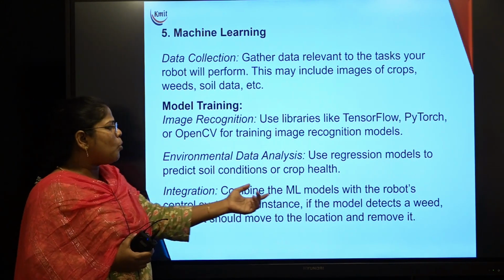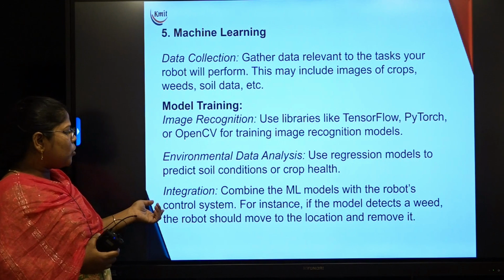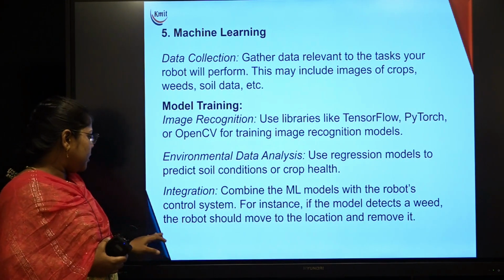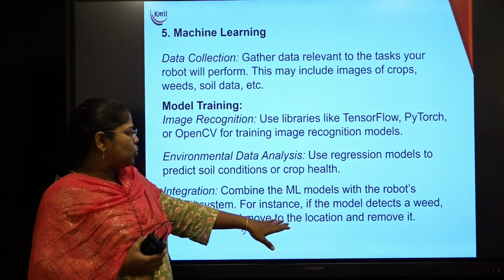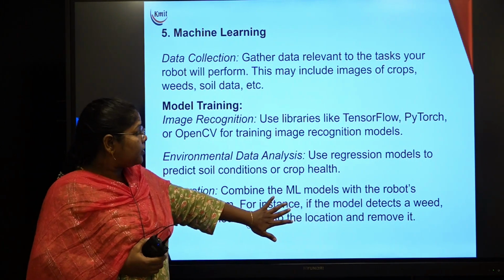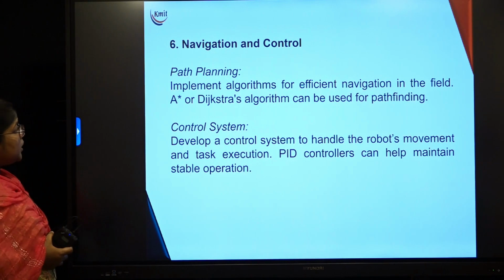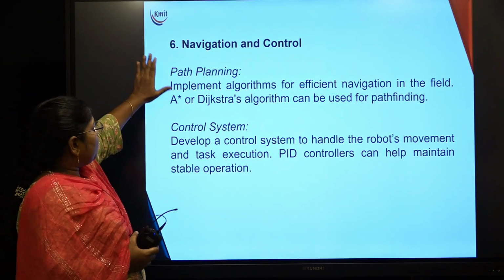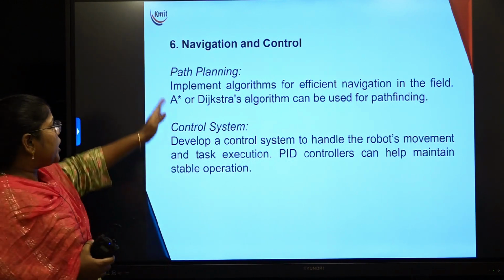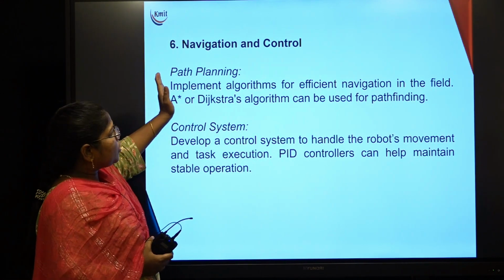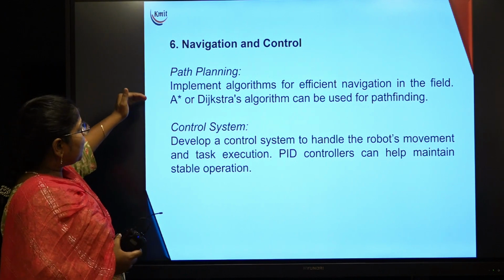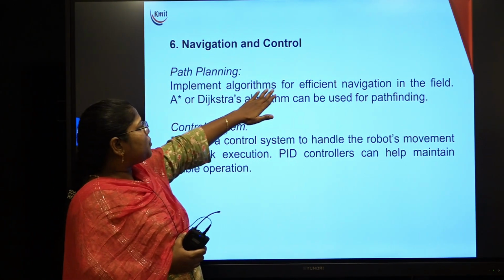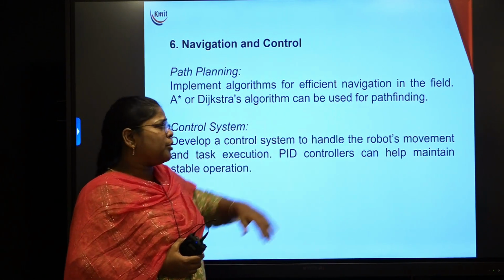Integrating the ML models with the robo control system. For instance, if the model detects a weed, the robo should move to the location and remove it. Next is navigation and control. When we want to design navigation and control, we implement path planning algorithms for efficient navigation in the field.